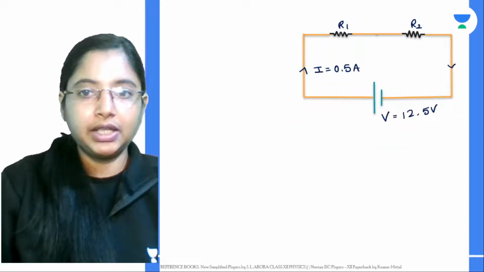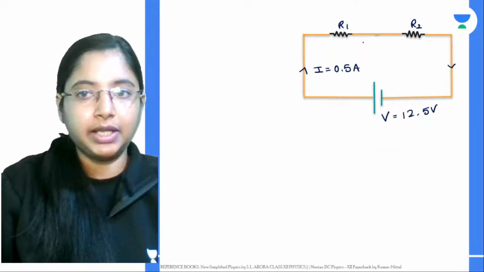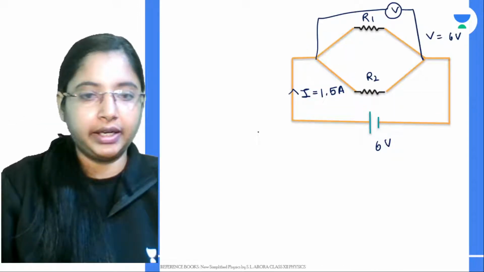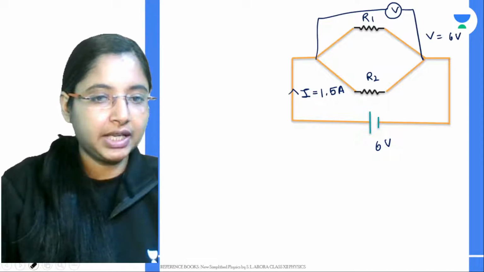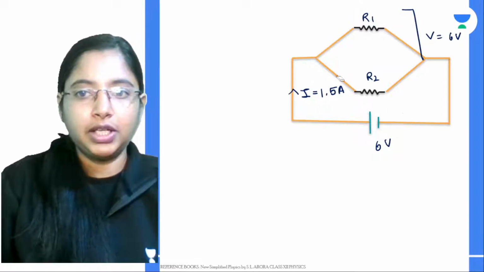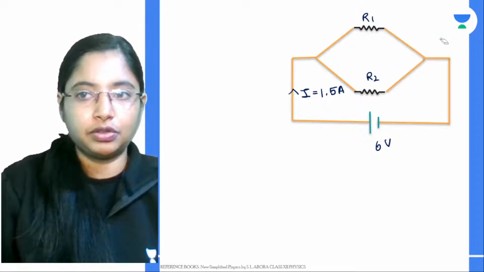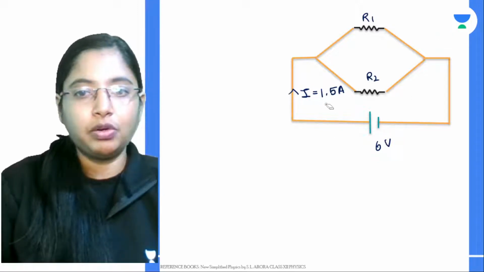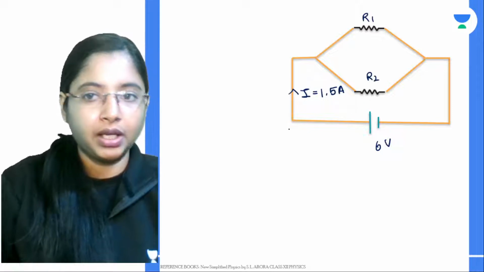Initially, the current through the circuit was 0.5 amps in series. Now we are changing the arrangement such that the voltage drop across these two ends is 6 volts. It is connected across a 6 volt battery, and the current through it increases to about 1.5 amps.